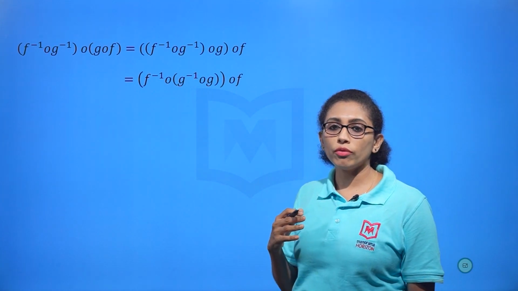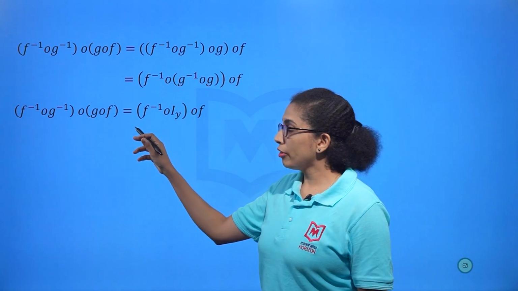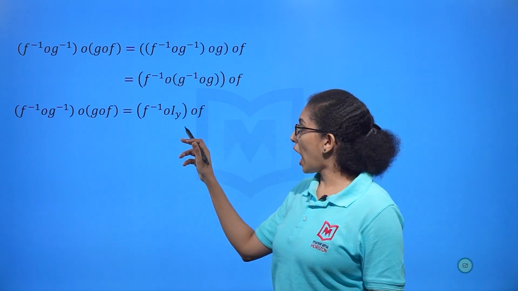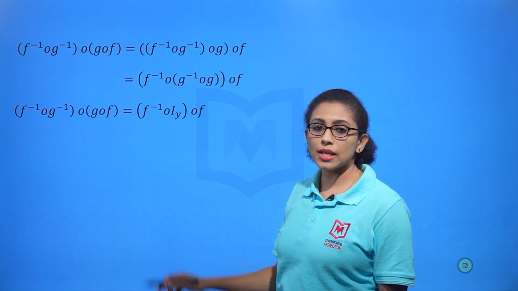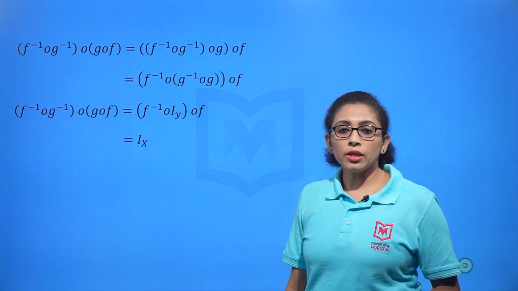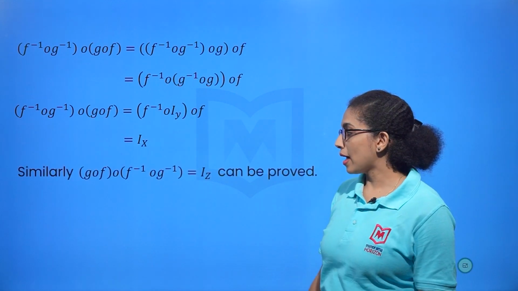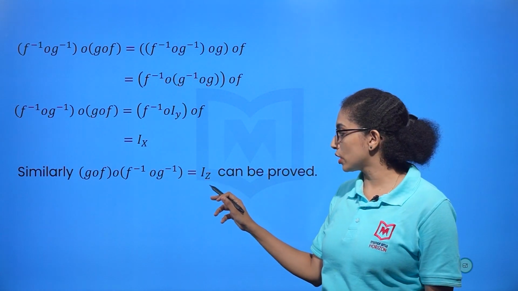By definition of g inverse, it is further reduced to f inverse of iy of f. What is this? This is actually ix. Similarly, it can be shown as g of f of f inverse of g inverse is equal to iz.